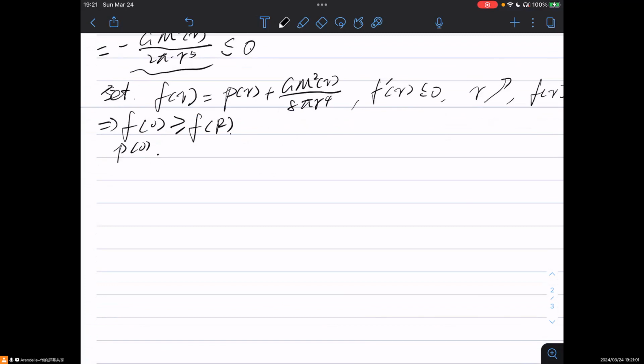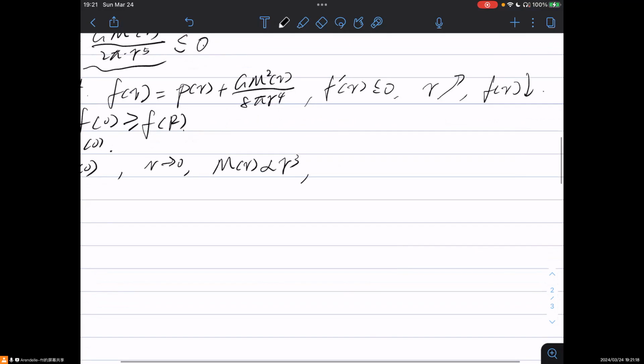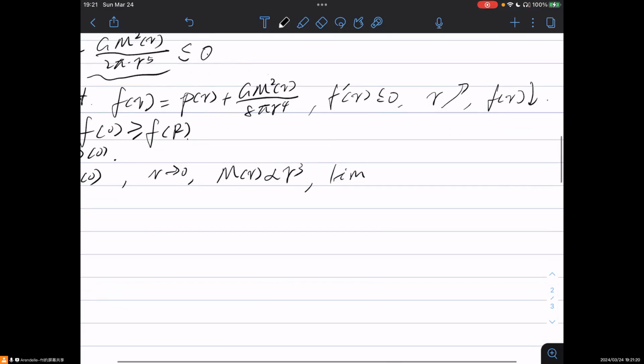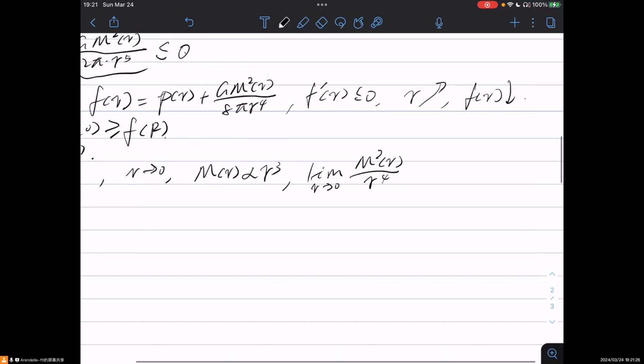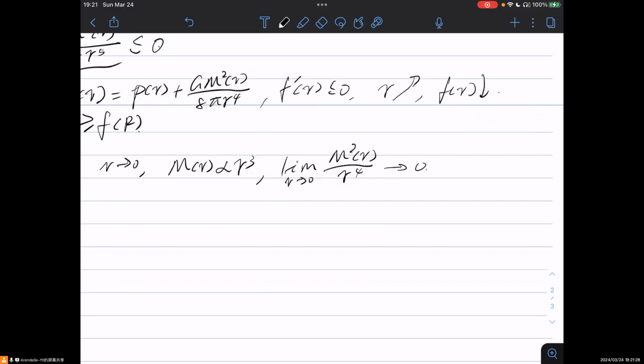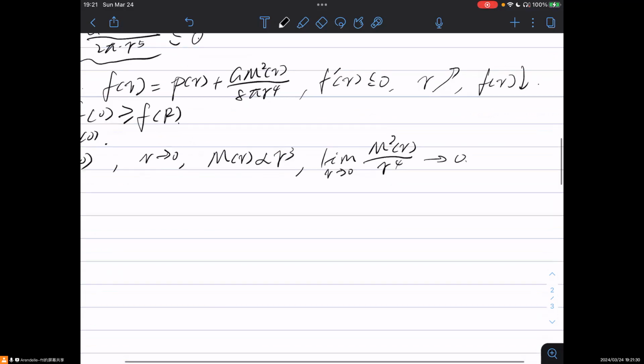Let's suppose that the density at the center of the star, rho 0, is finite, which means when r tends to 0, m(r) is proportional to the third power of r, which means this limit, m squared(r) over the fourth power of r, tends to 0 when r tends to 0.